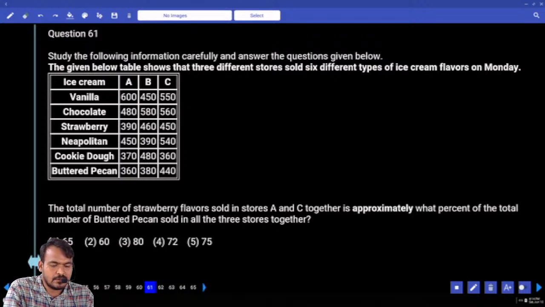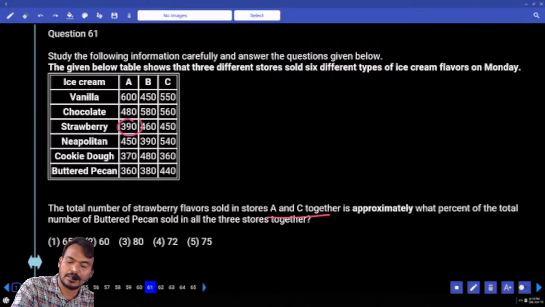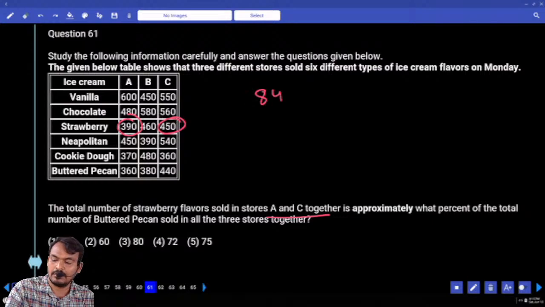The total number of strawberry flavors sold in store A and C together is approximately what percentage of the total number of buttered pecans sold in all the 3 stores together? Strawberry A and C. What is the A strawberry value? 390. C strawberry value 450. 390 plus 450, 840, is what percent of pecan in all the 3 stores?